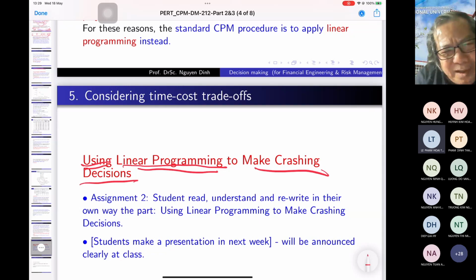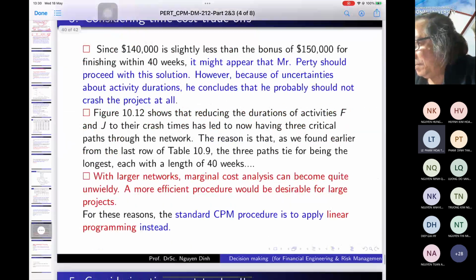This semester I try to make some presentations. The first presentation can be considered not successful, but now I ask you for more effort, and that is part of the final exam.